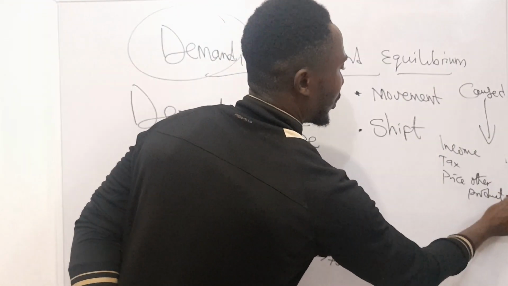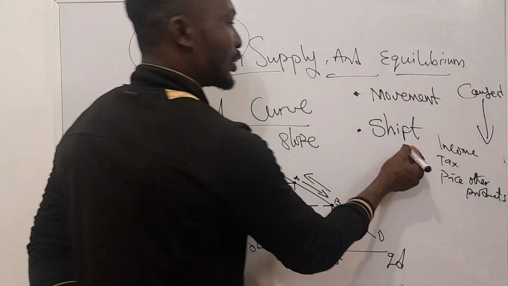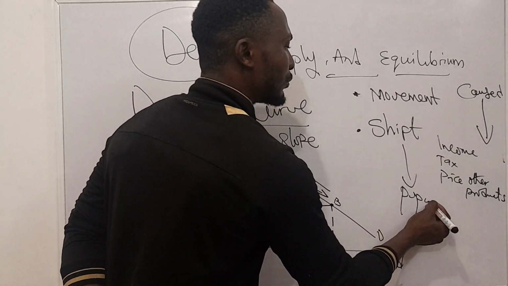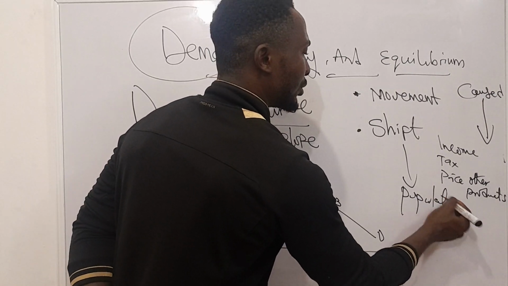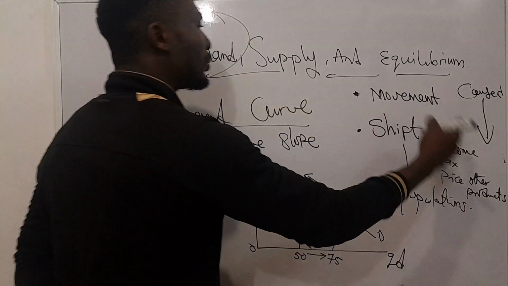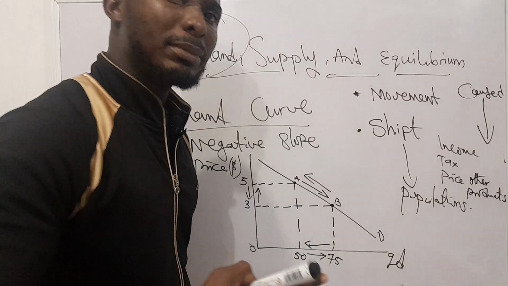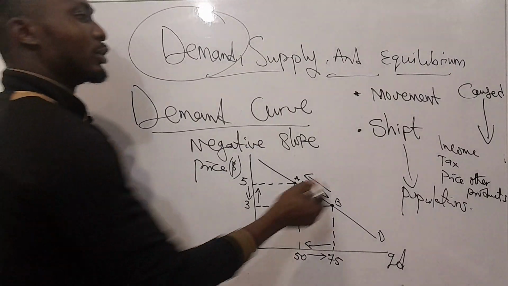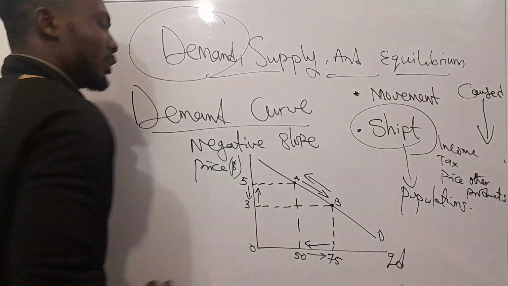Okay. Also, things that can cause a shift could be population or even weather conditions. Okay, so all these other factors affecting demand, when they change, it's going to lead to a shift along the demand curve.